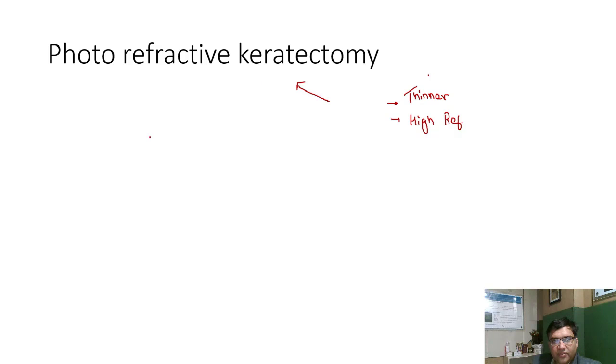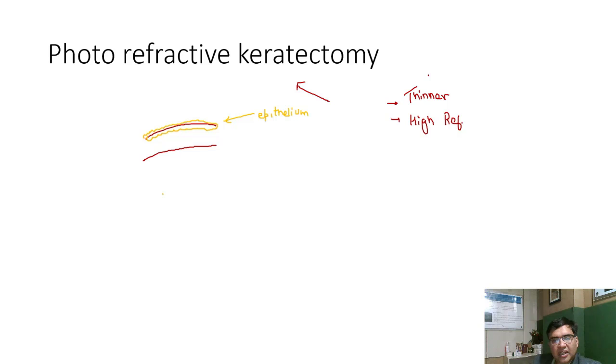What we do here is we do not make a flap. Let's say this is your cornea, and with a blade or just a laser, I can remove the epithelium.